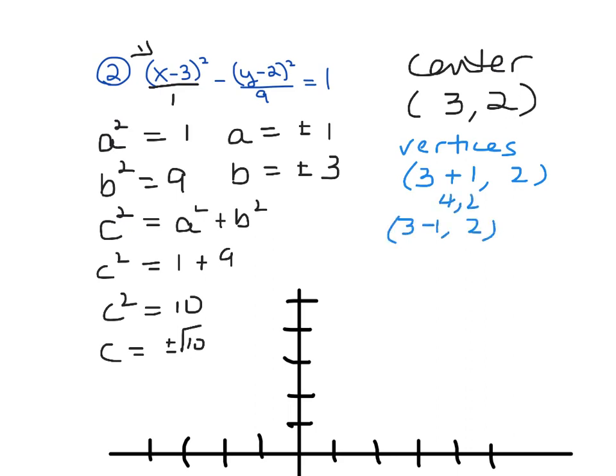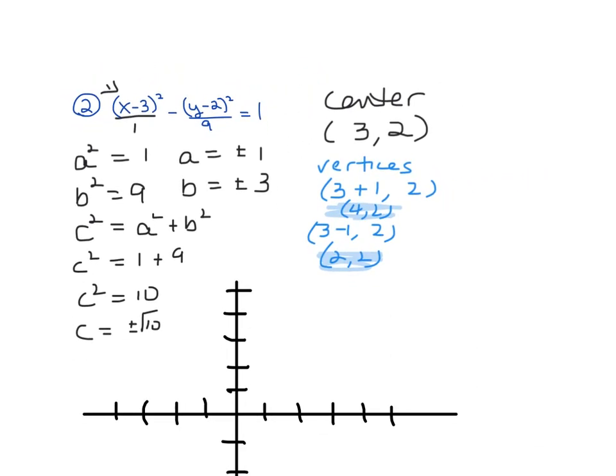So 4, comma 2, and 2, comma 2. These are my vertices. I'm going to do the same thing with the foci. Instead of adding the a, I add the c. So for the foci, I'm going to do 3 plus square root 10, comma 2, and 3 minus the square root of 10, comma 2.